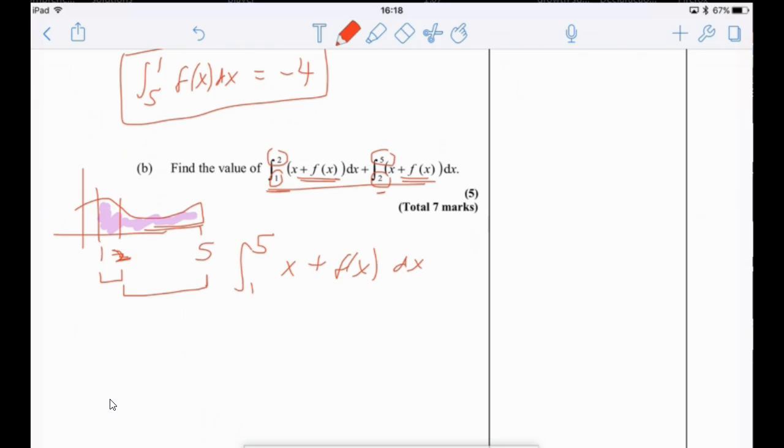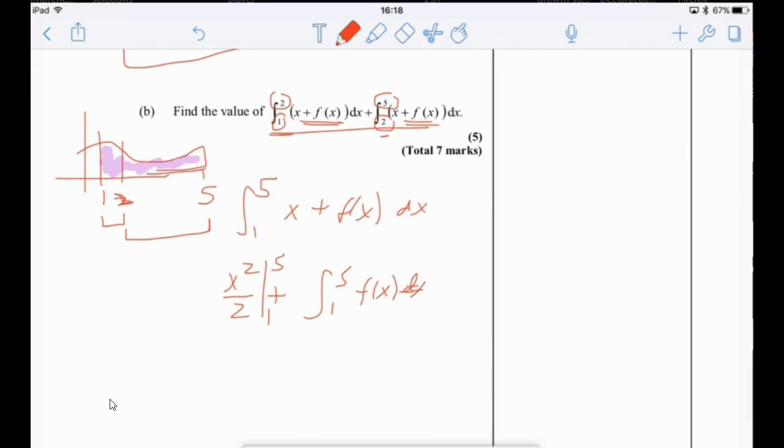Now, to find the integral of each of these, the integral of x is going to be x squared divided by 2. The integral of f of x, we don't know what it is, but we'll just put here the integral from 1 through 5 of f of x. Okay? And then the x squared over 2 is going to be evaluated from 1 through 5. So we're going to put 5 in there. We're going to evaluate this. So it's going to be 5 squared divided by 2 minus 1 squared divided by 2.